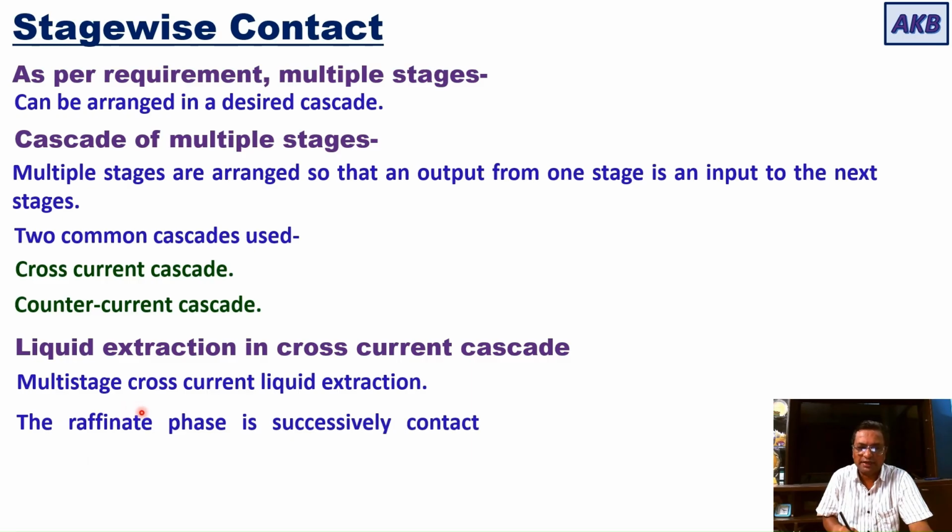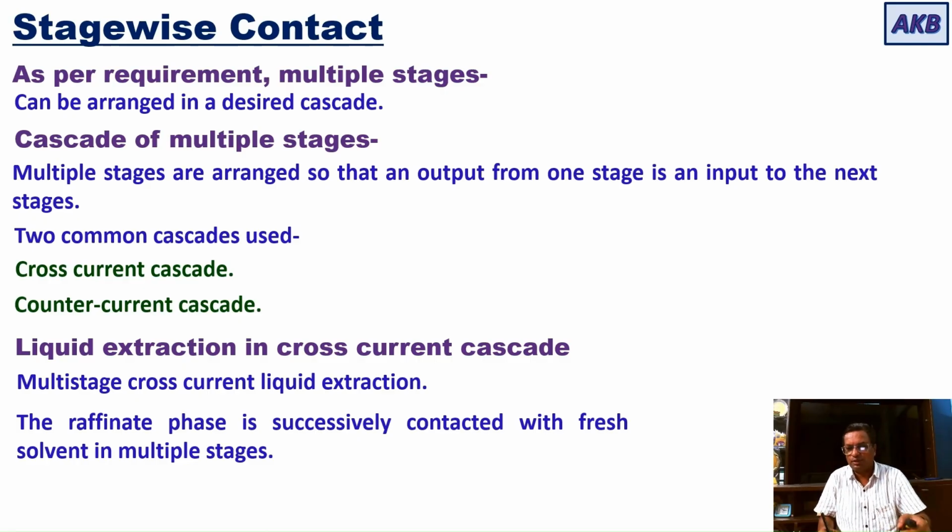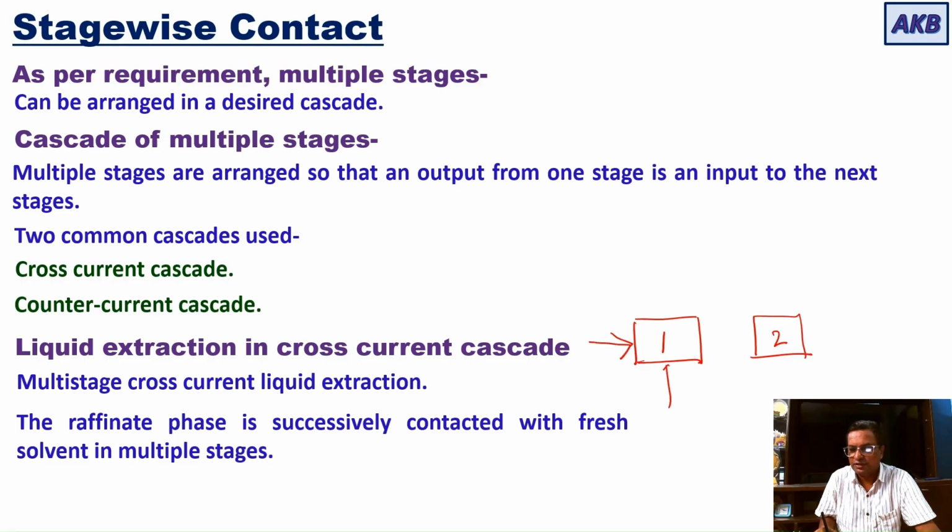How is this carried out? The raffinate phase is successively contacted with fresh solvent in multiple stages. I'll shortly show you the schematic diagram, but let me tell you in brief here. If you have a cross-current cascade of two stages, stage 1 and stage 2, the feed solution is contacted with the solvent. Out of stage number 1, the raffinate phase will come out and the extract phase will also come out.